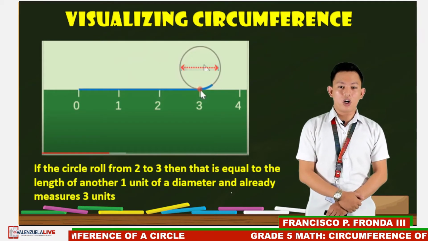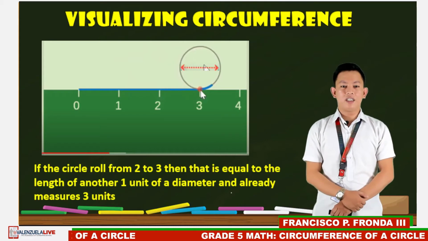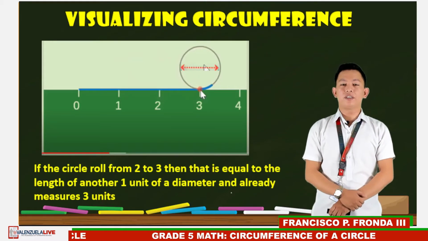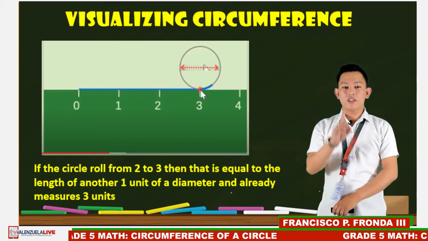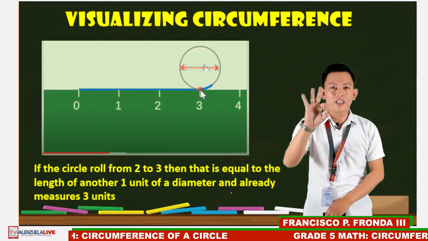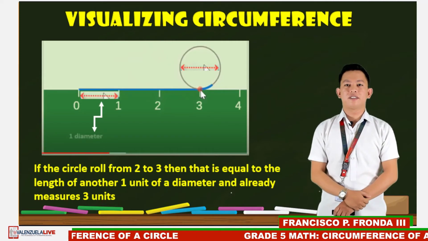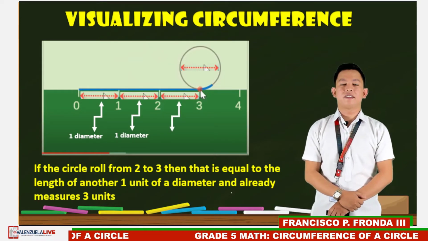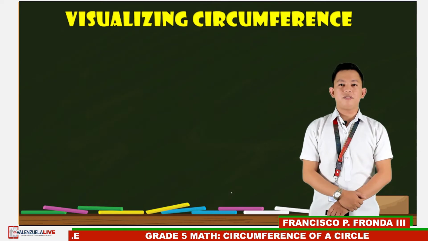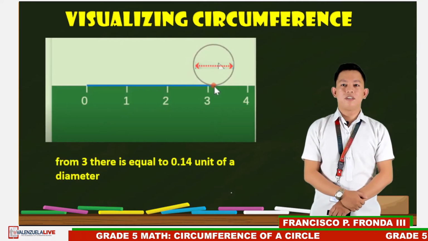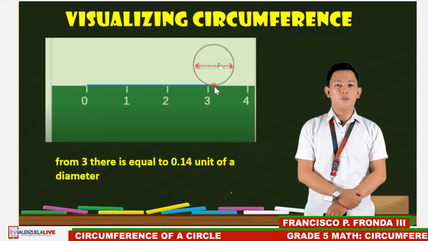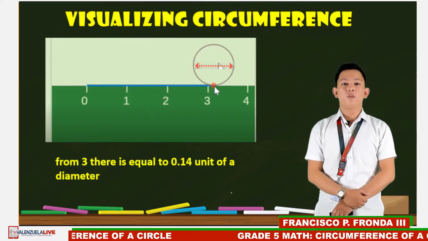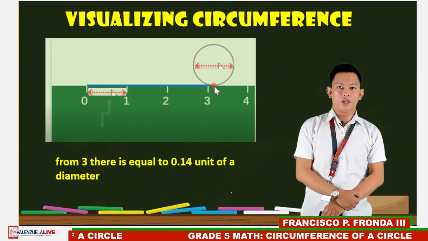If the circle rolls from 2 to 3, then that is equal to the length of another 1 diameter, and it already measures 3 units. From 3, there is another 0.14 units of a diameter.